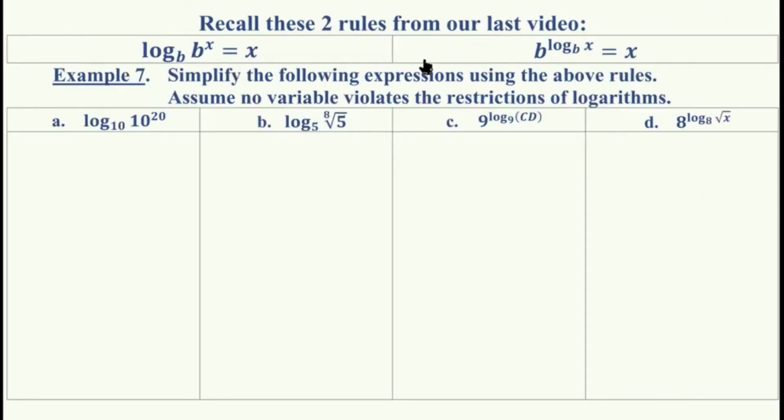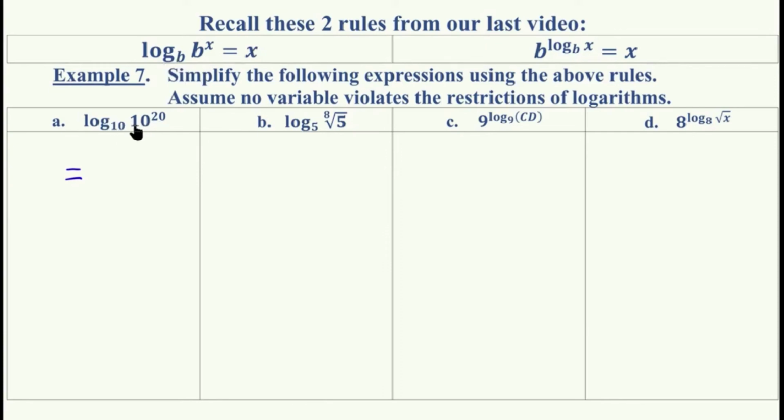Now, if you recall, these two rules we also looked at in our previous video. You know that log base b of b to the x is x, and b to the power of log base b of x is also x. So if we apply these, we end up with, for example, in this one, notice the role of b is being played by 10.